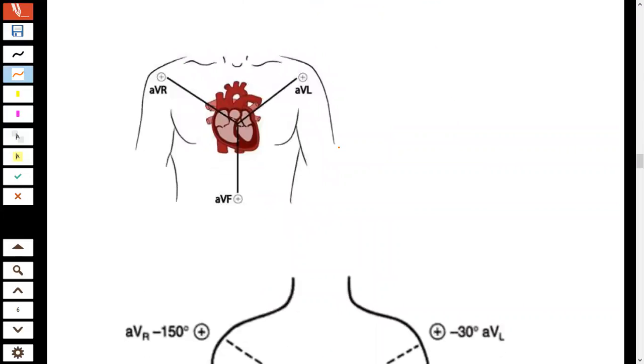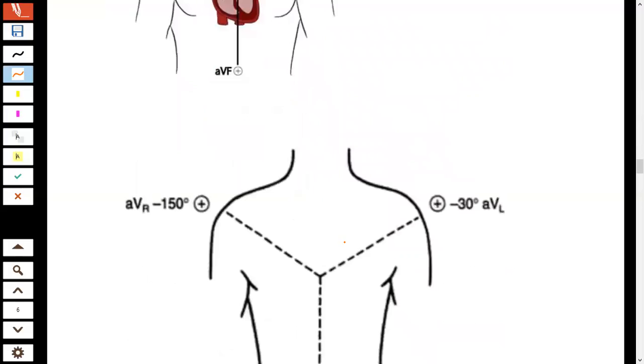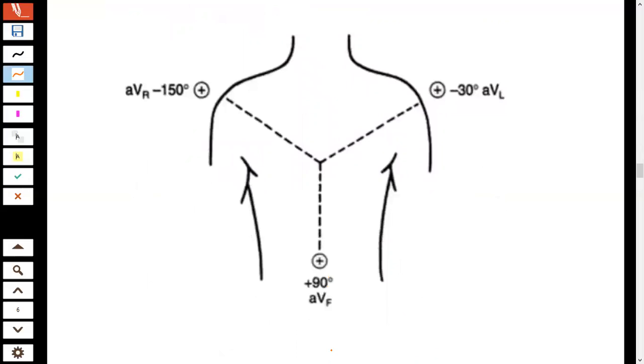Now if I talk about the unipolar or augmented leads, these are 3: AVL, AVR and AVF. AVL is in the -30 direction. In the opposite direction, like AVF, it is 90 degrees towards downward, and AVR is at -150.